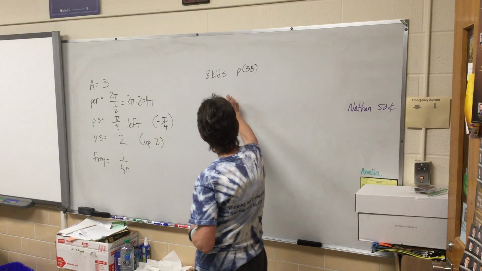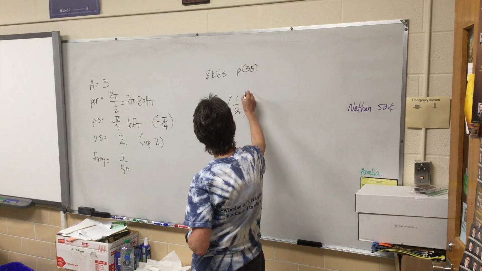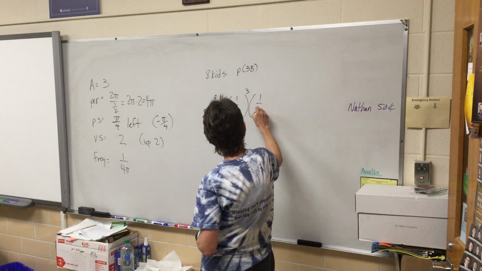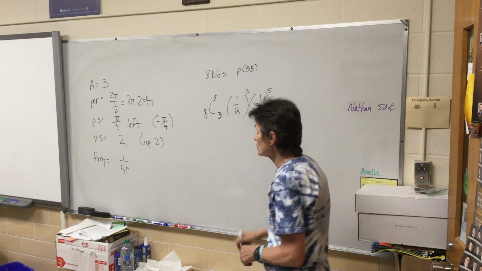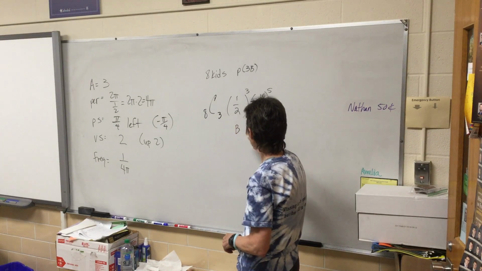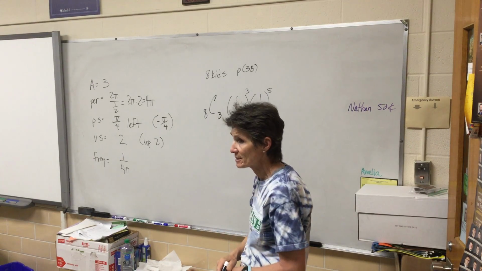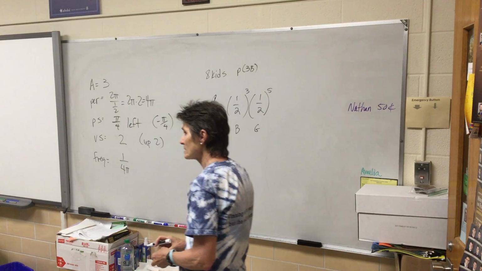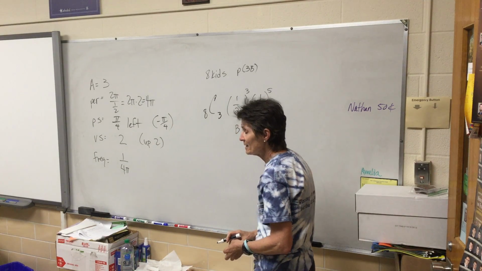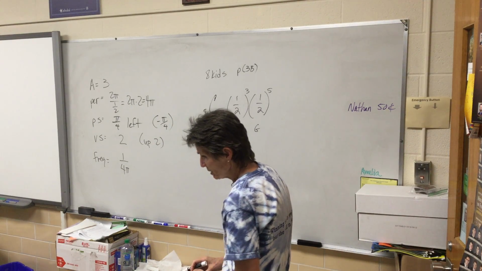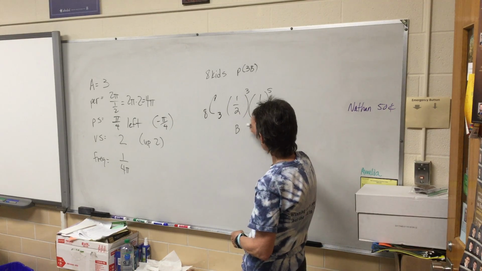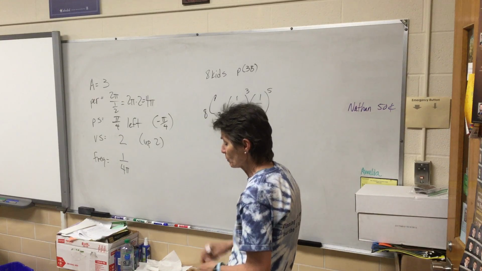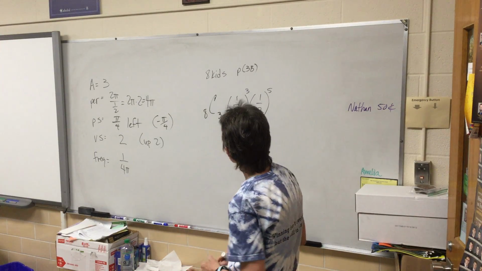The probability of a boy is 1/2, and the probability of a girl is also 1/2. Now, if you're confused about those exponents, please don't be. It makes perfectly good sense. We want 3 boys, and if we're having 8 kids, we've got to have 5 girls. The probability of a boy and a girl are the same, roughly speaking for our purposes.